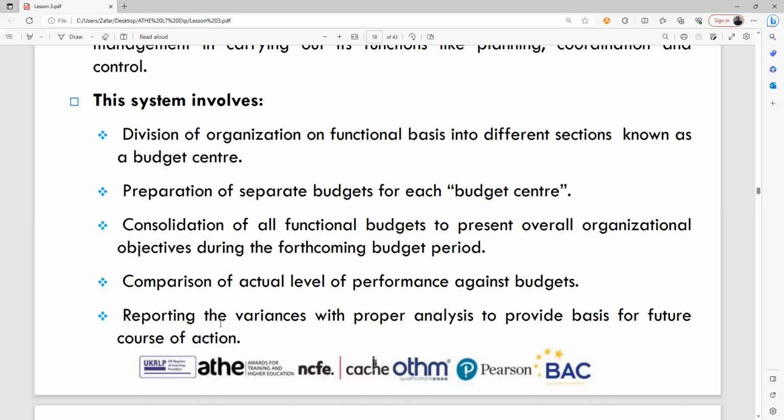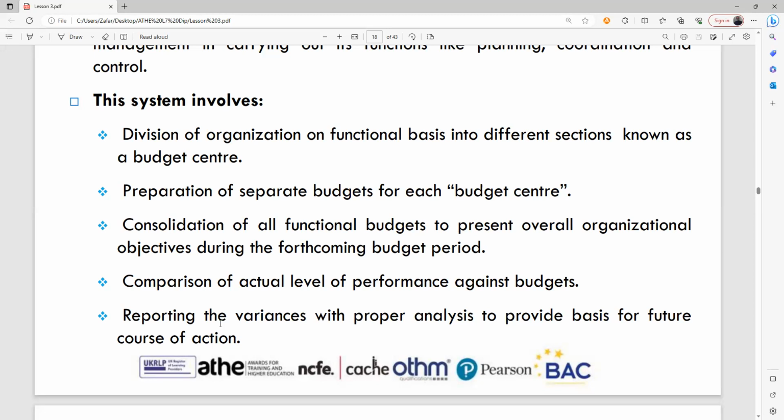Performance, which we compare: are we going according to plan, or are we not going according to plan? Why is there a problem? Why are there issues? And therefore, we want to make sure that budgeting is taking place in organizations or anywhere, so they are working to plan against actual budgets.